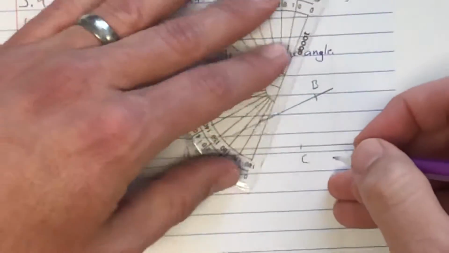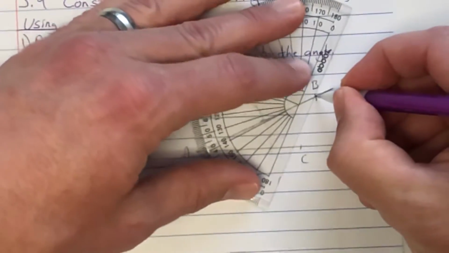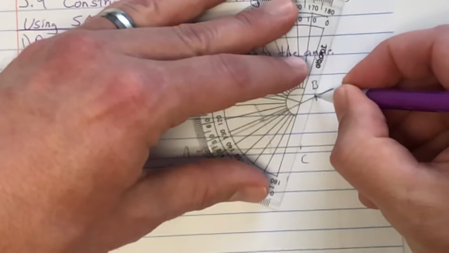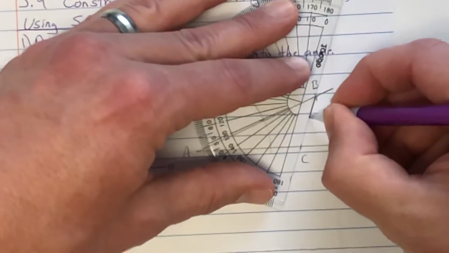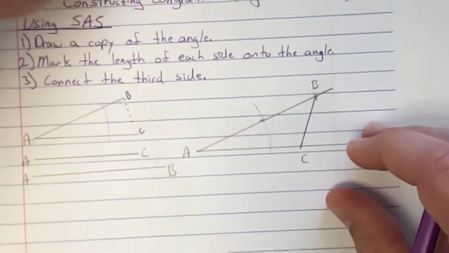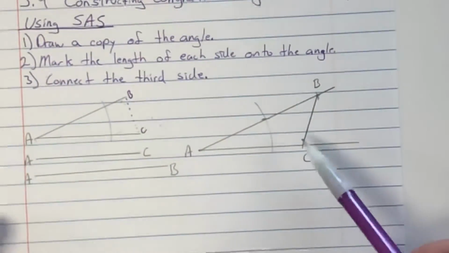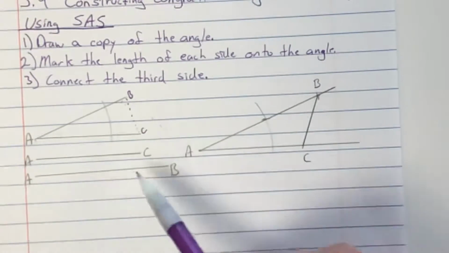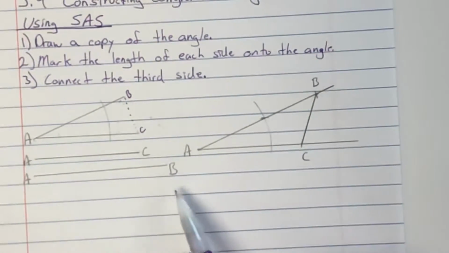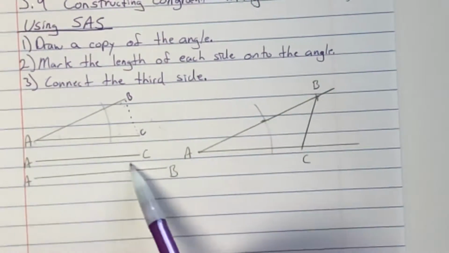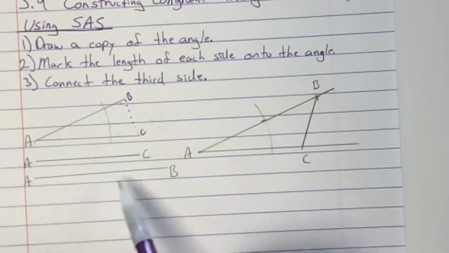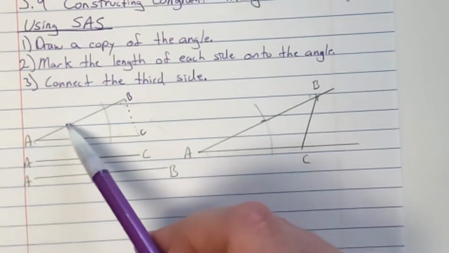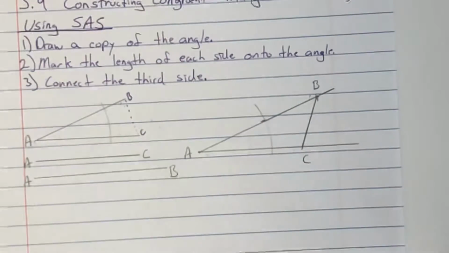And then all I have to do is connect points B and C. And voila, I've made a triangle that is A, B, C, and it matches all of these sides here. AC is the same length here, AB is the same length there, and my angle is the same angle here.